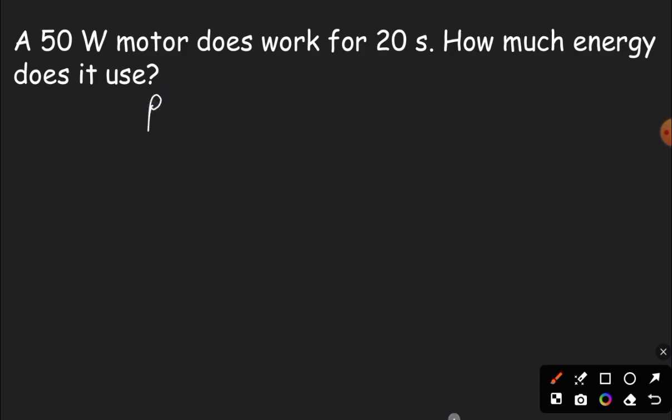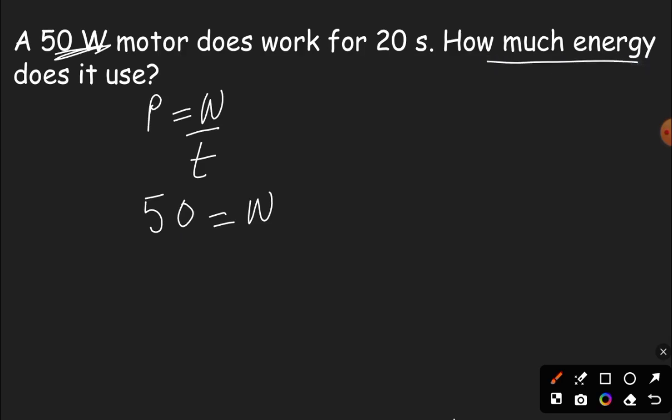So power, work done over time taken. So the power over here from the question, we know power is in watts, so the 50 here represents your power. 50 equals work over the time, which is 20 seconds.